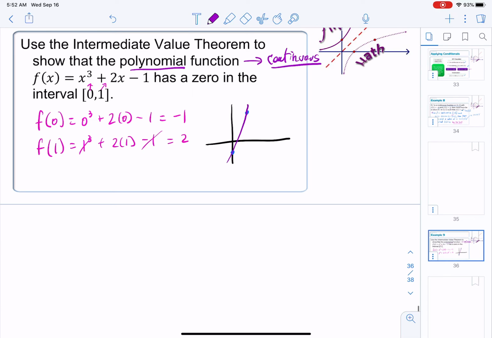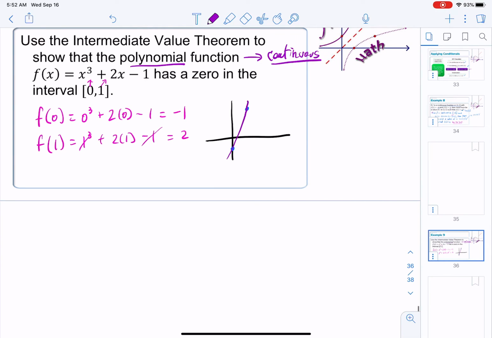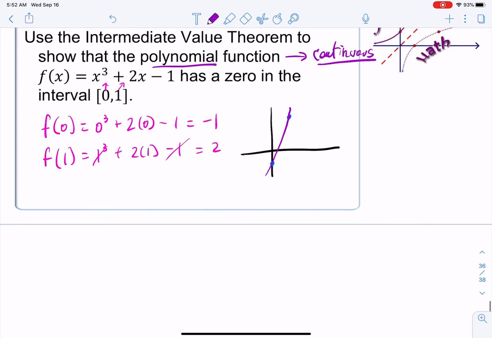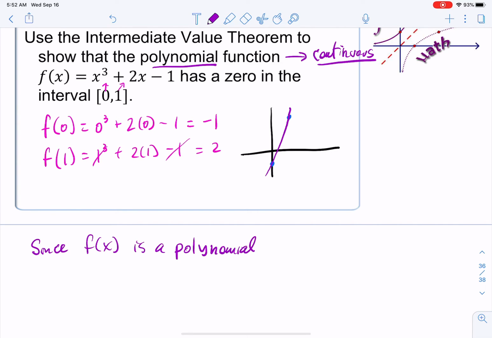Okay, so this is how I might state it. It looks like we're going to stick with purple. I hope you guys don't mind. Okay. Maybe I say something like, since f of x is a polynomial, it is continuous everywhere, right?